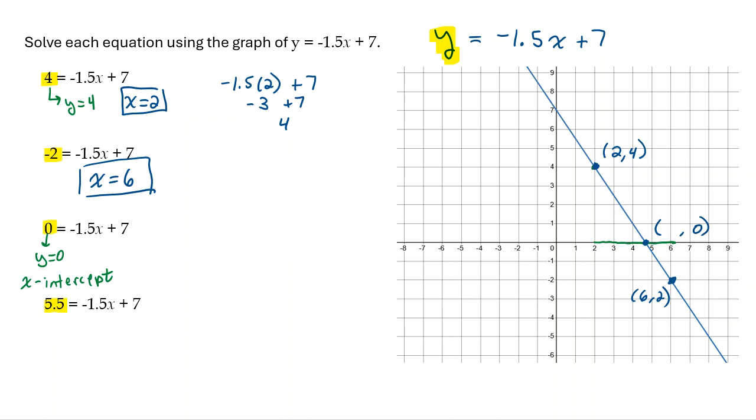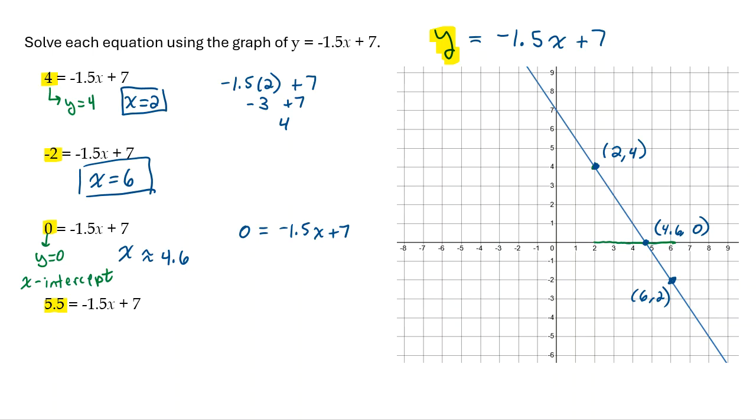It's kind of estimating. It looks like it's a little bit past 4.5. So maybe I guess 4.6. So I'm going to say x is approximately 4.6 because I'm not exactly sure. Now, if I wanted to be exactly sure, then what I would do is solve this algebraically: minus 7 and divide by negative 1.5.